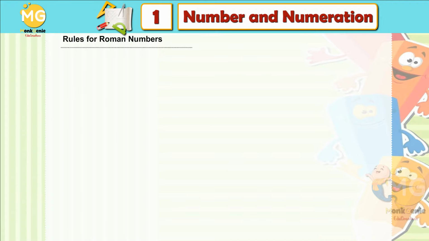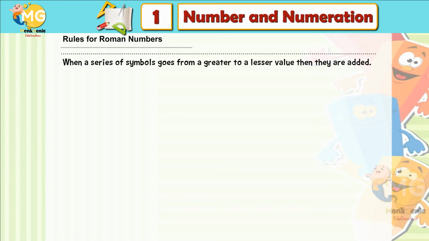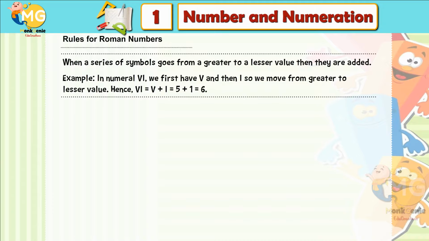Rules for Roman numbers. When a series of symbols goes from a greater to a lesser value, then they are added. Example, in numeral VI, we first have V and then I, so we move from greater to lesser value. Hence, VI is equal to V plus I is equal to 5 plus 1 is equal to 6.